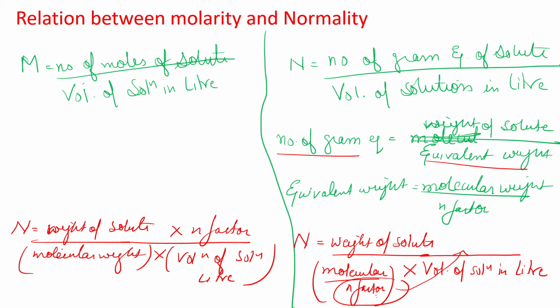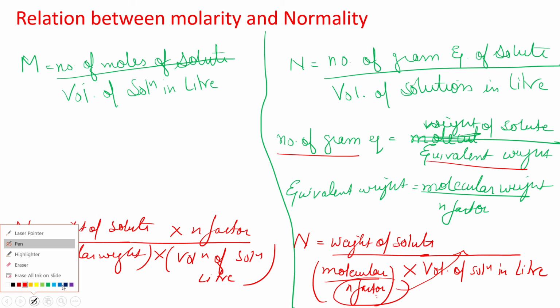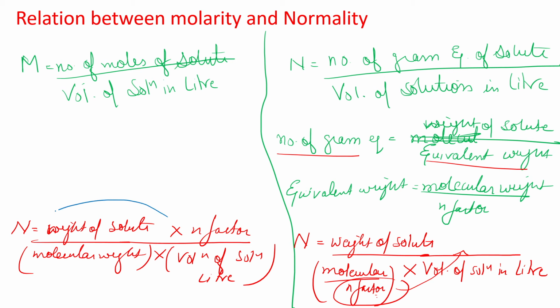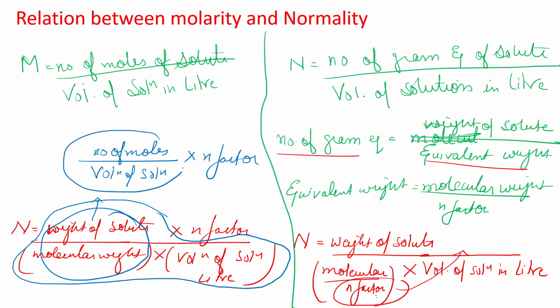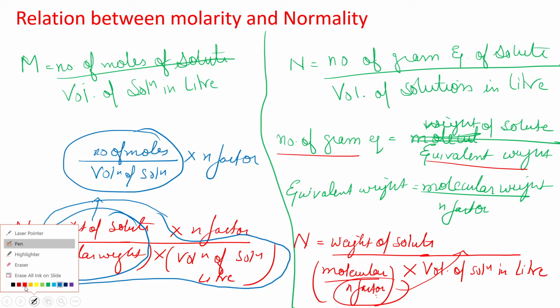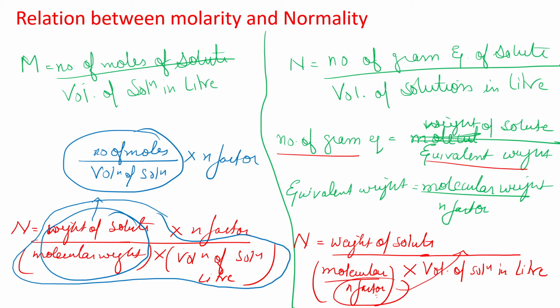If you pay attention, if I consider this part of the formula, weight of solute by molecular weight into volume of solution in liter, this part gives you number of moles. Number of moles over volume of solution in liter, into n factor. What is this part giving you? Isn't it familiar? It is giving you molarity.